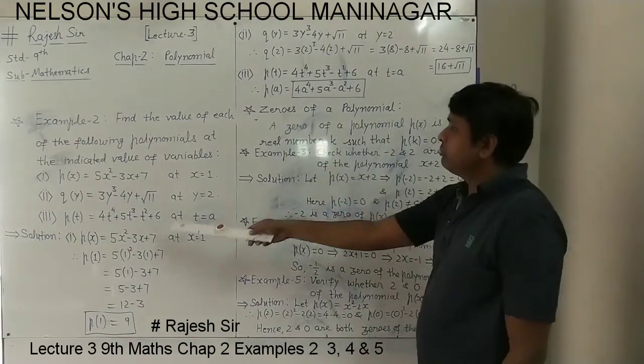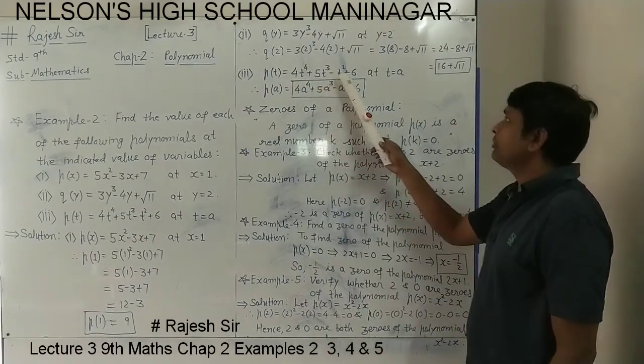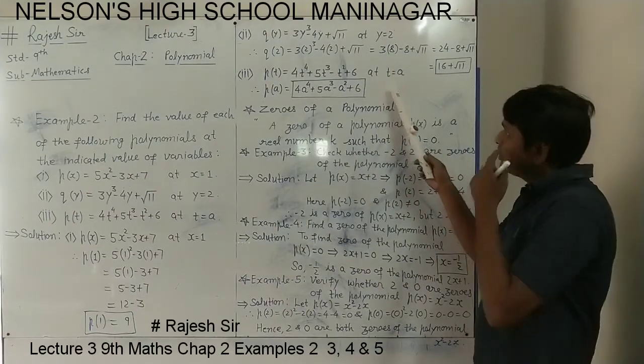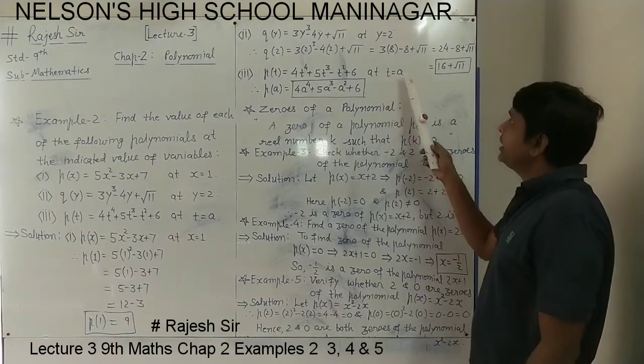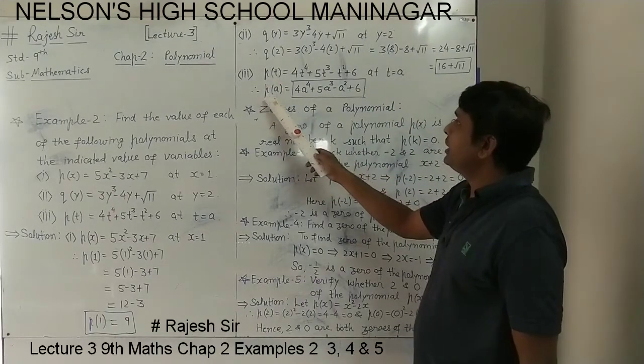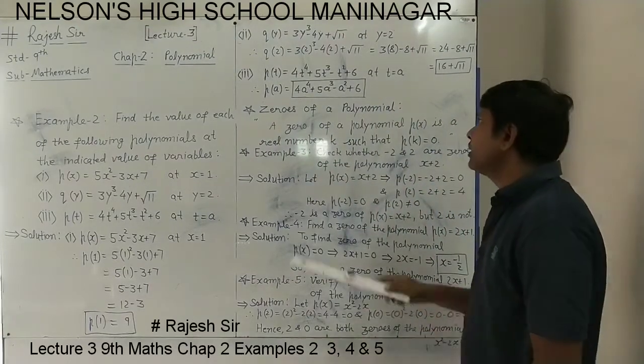Third is p(t) = 4 + 5t³ − t² + 6 at t = a. Again, what we have to do is replace t by a, because at t = a we have to find the value.